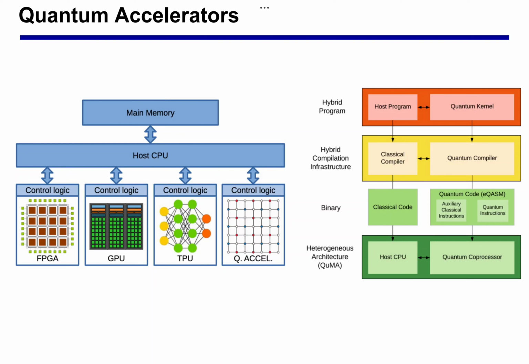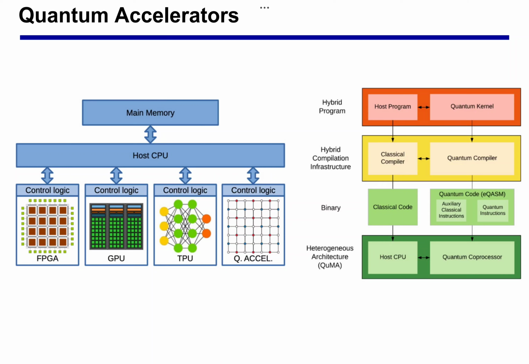Quantum accelerator: these are the basic building blocks, just like in classical computing. We can compare them, and when we build blocks, I think it's a better way to compare them, and we can get some insight from the classical one.